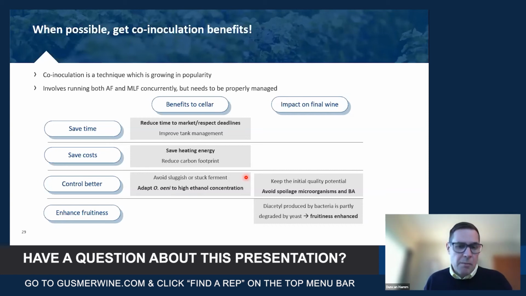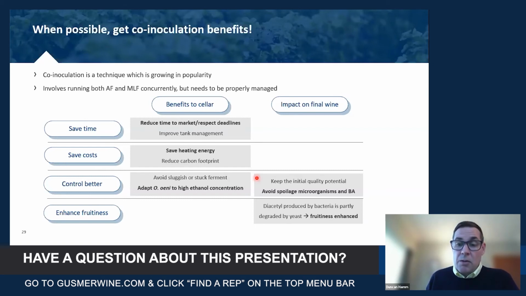So by introducing the bacteria early, before those inhibitory factors have reached their maximum concentration, you're getting a population already fermenting away and getting well adapted to the wine, which will help it go through once you have finished your extraction or your fermentation.